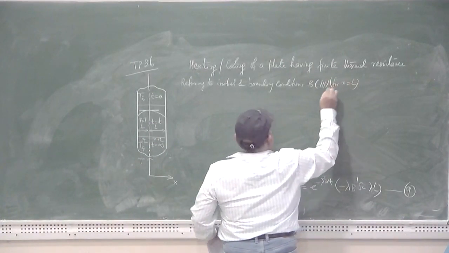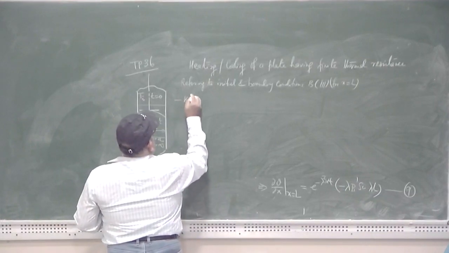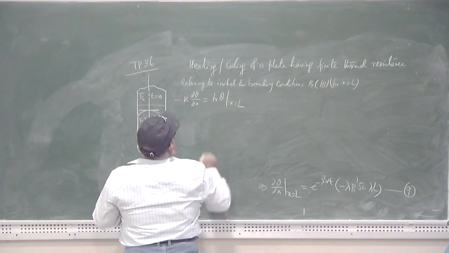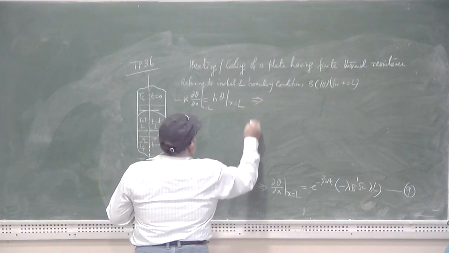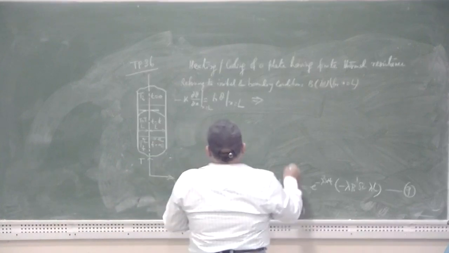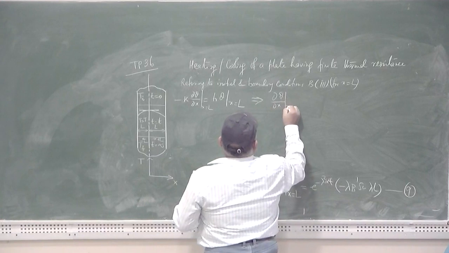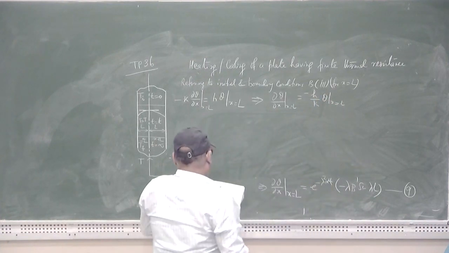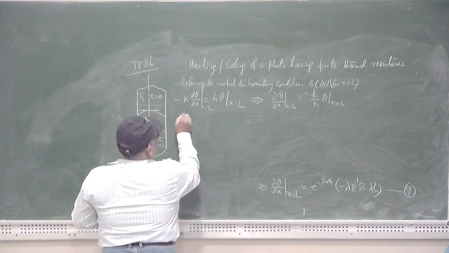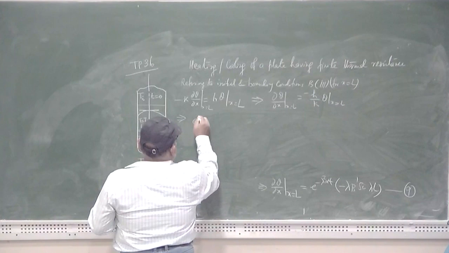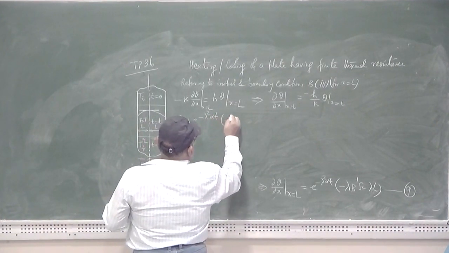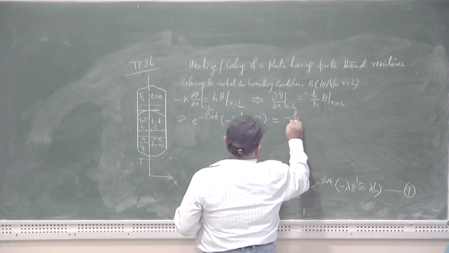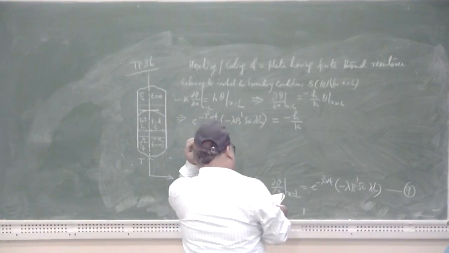For x equal to L, we can write minus k ∂θ/∂x equal to h into theta, at x equal to L. So put that here, which implies that ∂θ/∂x at x equal to L is equal to minus h by k theta at x equal to L, or e to the power minus lambda square alpha t into minus lambda b dash sin lambda L should be equal to minus h upon k, and the value of theta at x equal to L I have already evaluated earlier.